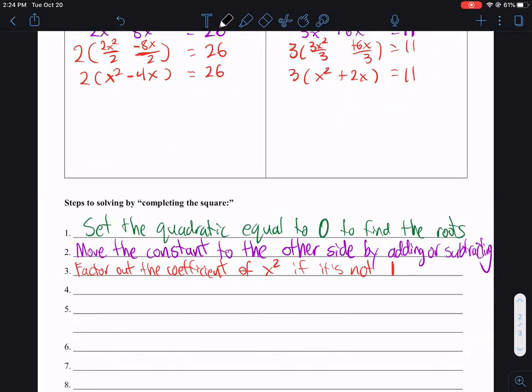Okay, so the way we can visualize this is, we're going to put a blank in the parentheses and on the other side.